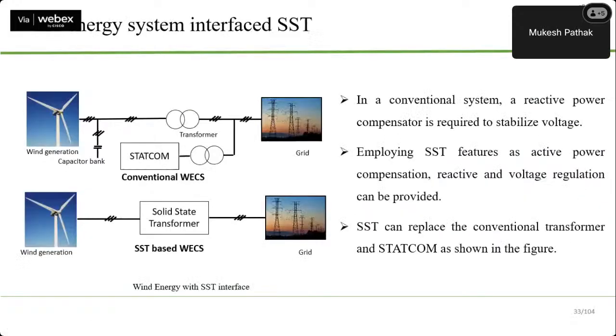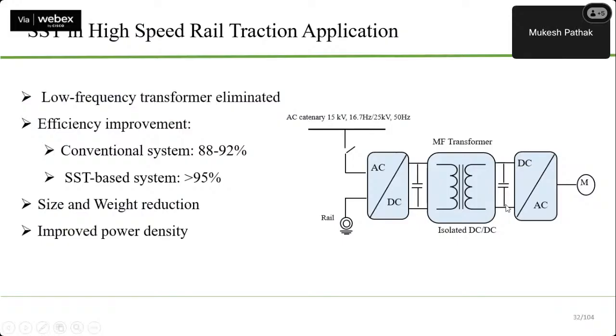Now what you can do is replace this with a solid state transformer, and this stage also can become part of the solid state transformer, and even this stage also. So the additional converters which are required are in the form of converters present in the solid state transformer, and the weight would be reduced drastically.